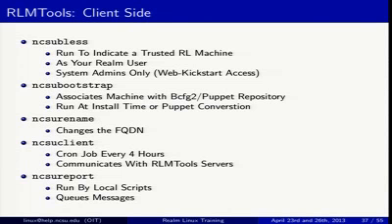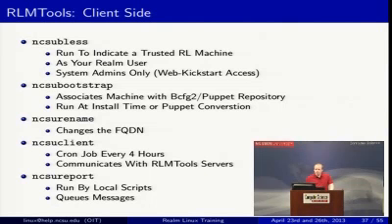Other client-side tools for Realm Linux management tools. NCSU Bless is the answer for machines that for some reason are marked as not supported in the management tools interface. Log in as your Realm user, the same user that has permission to install machines with Web Kickstart, and run NCSU Bless.